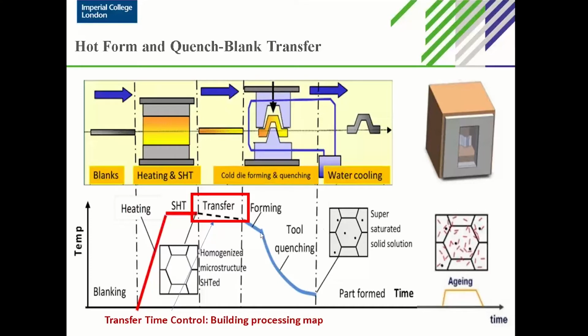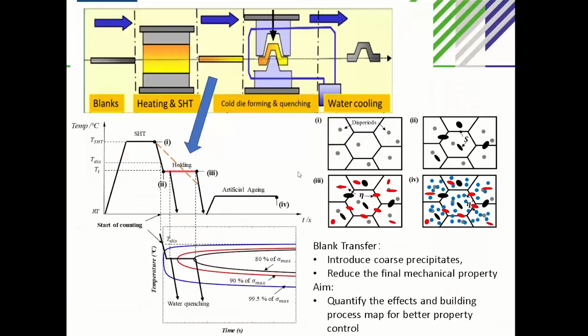This topic is mainly focused on the blank transfer effect, trying to build a processing map for blank transfer control to give indications for the industry. So why is blank transfer important? If we look at this temperature profile for the hot stamping, hot form and quench process, during transfer of the blank the temperature will drop at a certain time.